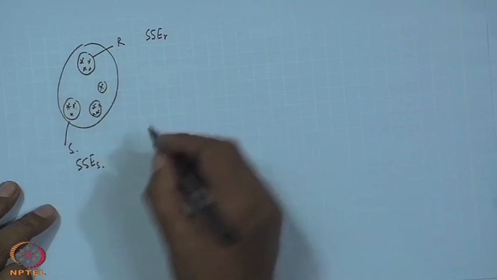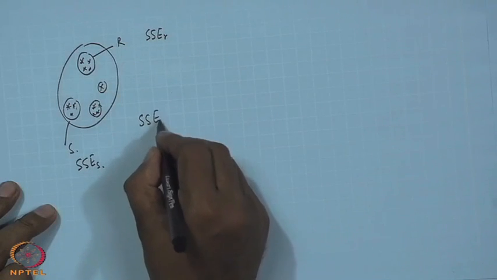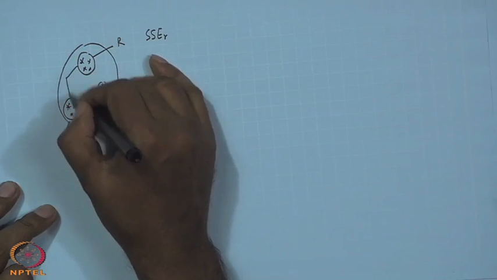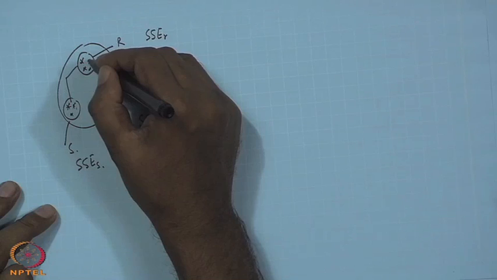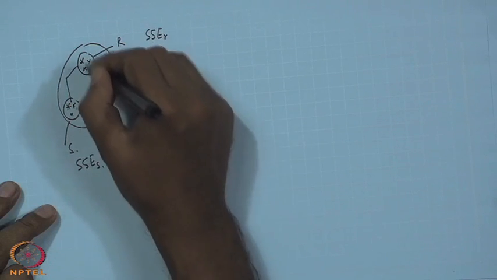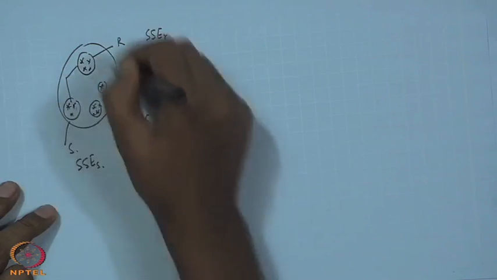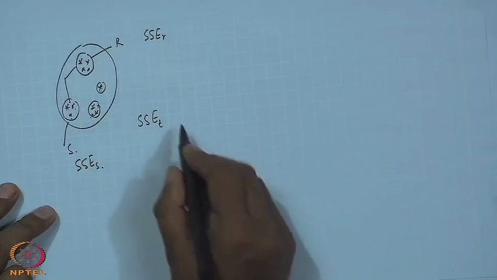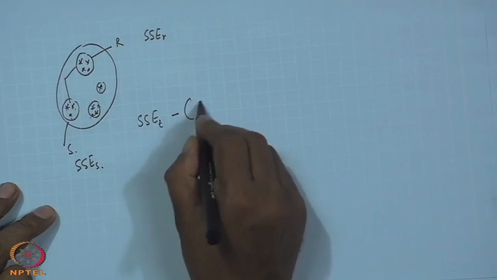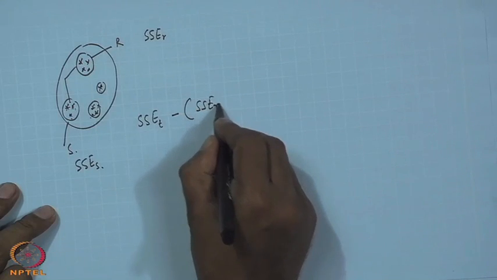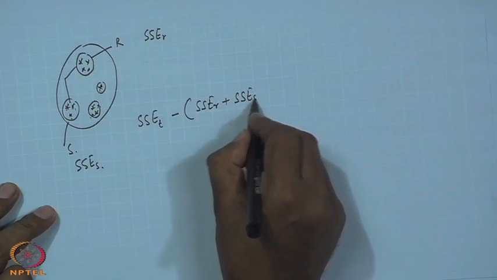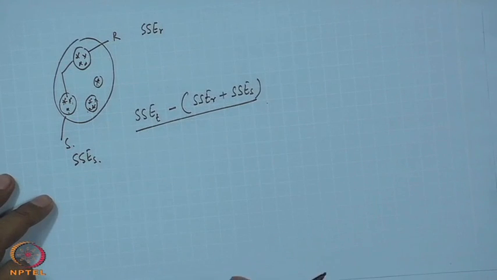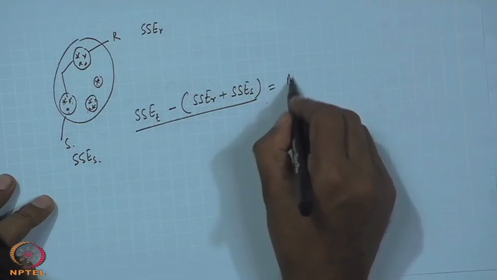If I join these two, I get SST for the joined cluster. Now, you can join this versus this, or this versus that. So there will be several 4C2 combinations. Then you find out this value for each combination, and you join those two clusters together for which it is the minimum.